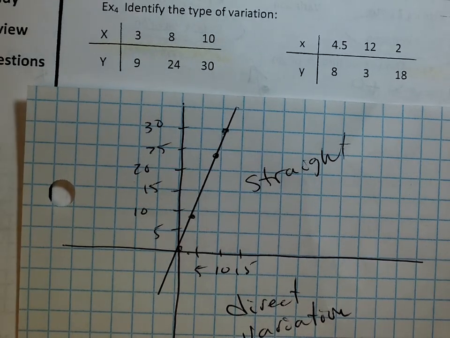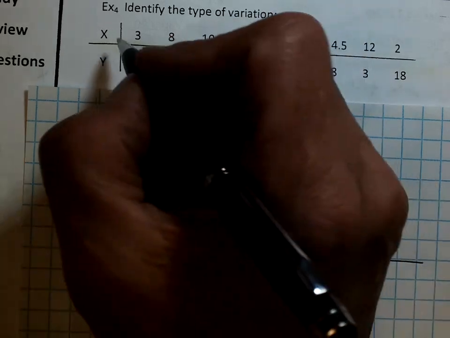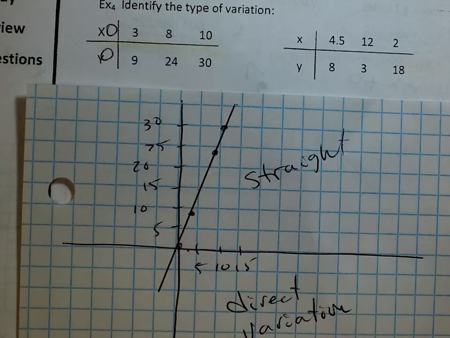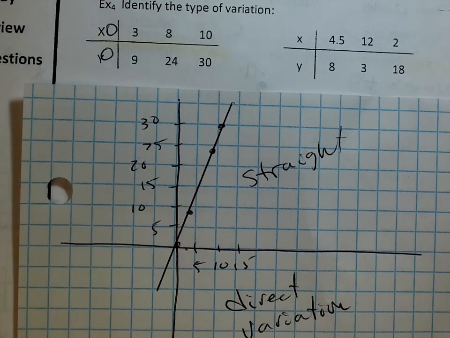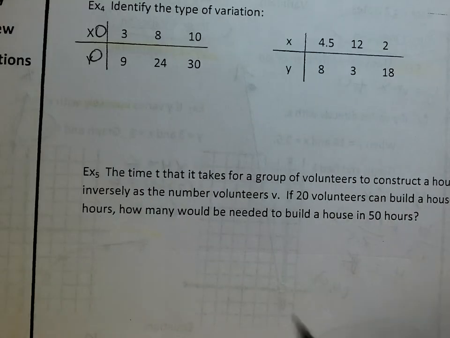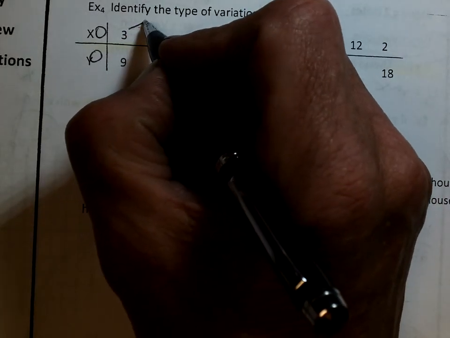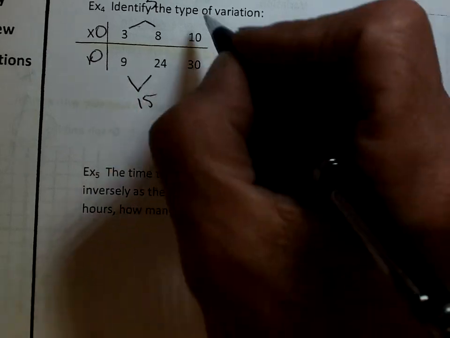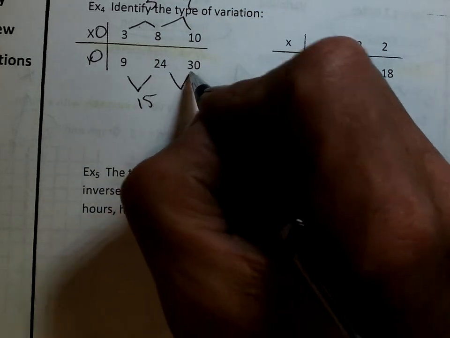Now, another point is 0, 0. Because you can see the slope, and I'm going to show you the slope all the way through. This one's up 5, and this is up 15. This is up 2, and this is up 6.